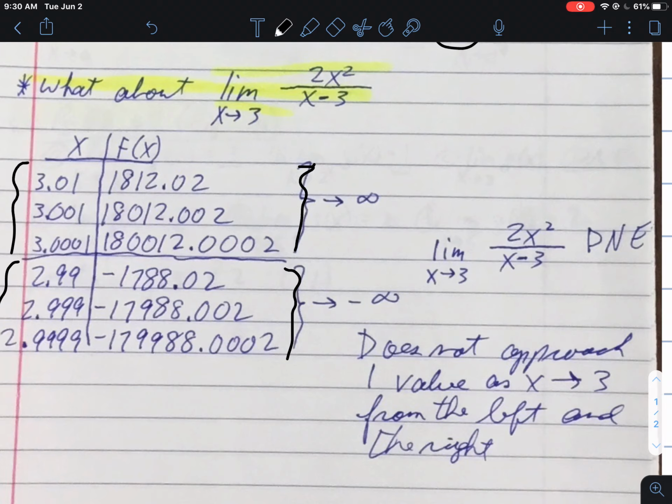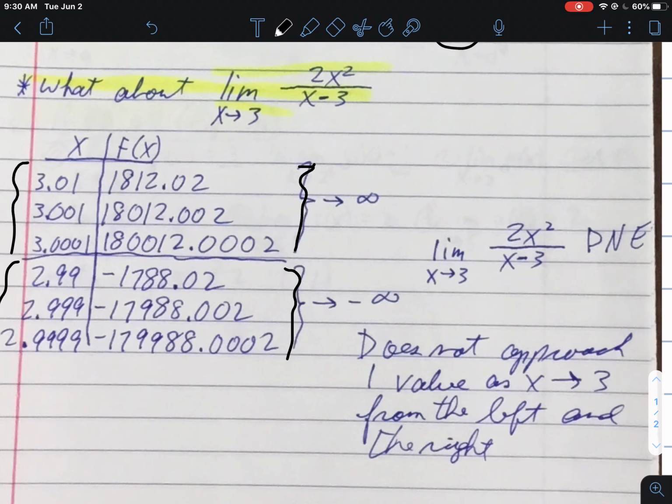They are not approaching a single number. So in that sense, we would say that the limit does not exist. In order for a limit to exist, it must approach a specific value. And if it doesn't, then the limit does not exist, because that's what you're describing. You're saying that the function values are approaching a specific number as your x value approaches the a value. So in this case, the limit does not exist because it does not approach a specific value.